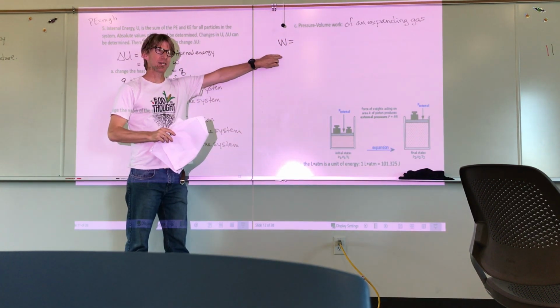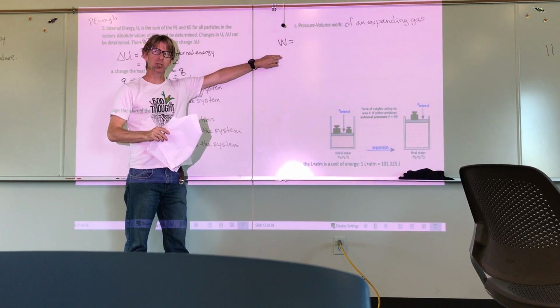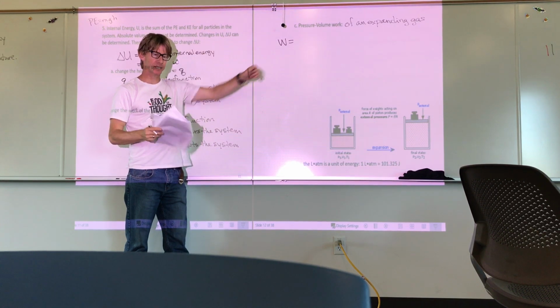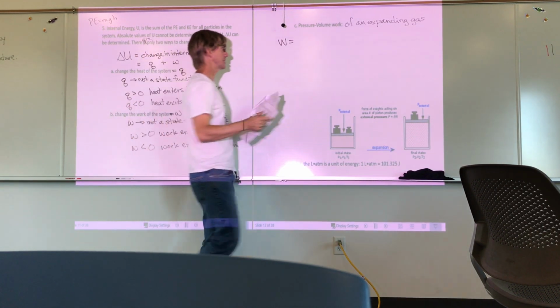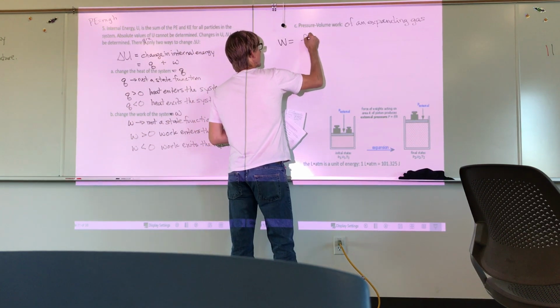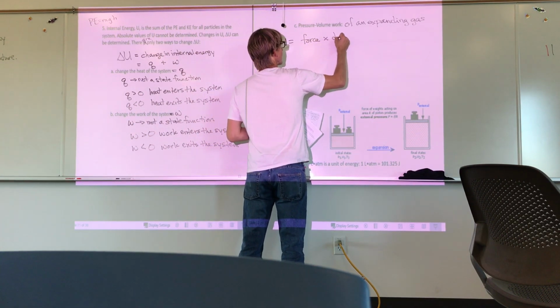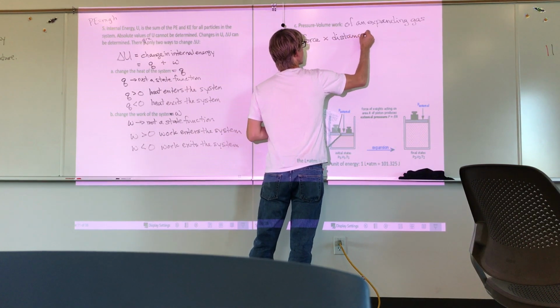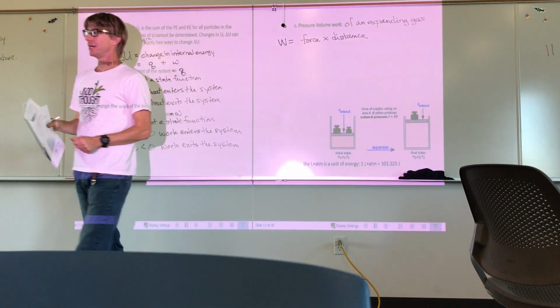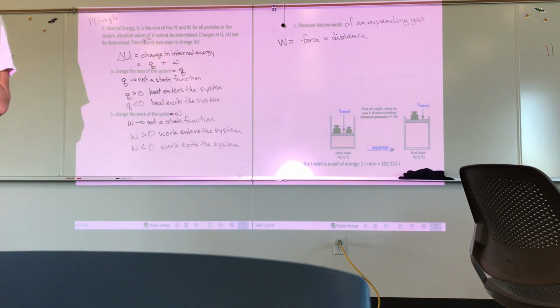And from a previous slide, I gave you the definition that one way you can find the work is that work equals a force times a distance. And that was almost entirely correct.